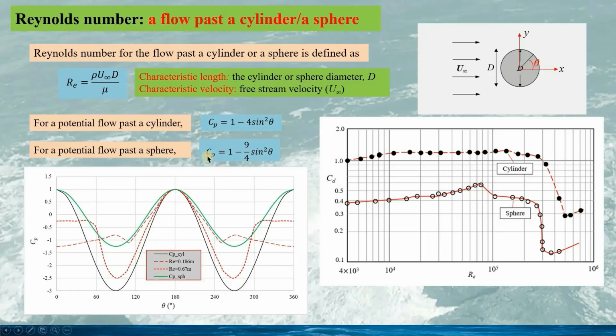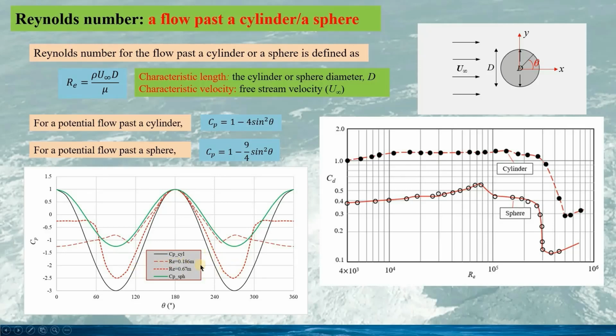If we draw out the pressure coefficient of the potential flows, we can see the green line is the pressure coefficient for the flow past the sphere, and the black line is the pressure coefficient for the potential flow past the cylinder. However, in reality, the flow is viscous, so the dashed red lines are the pressure coefficient from the measurement for the real flow at different Reynolds numbers.